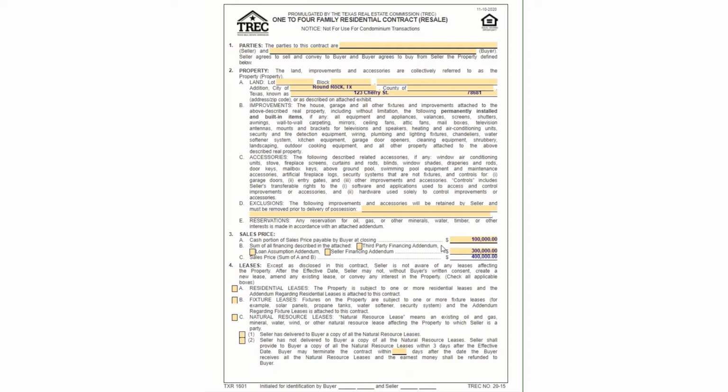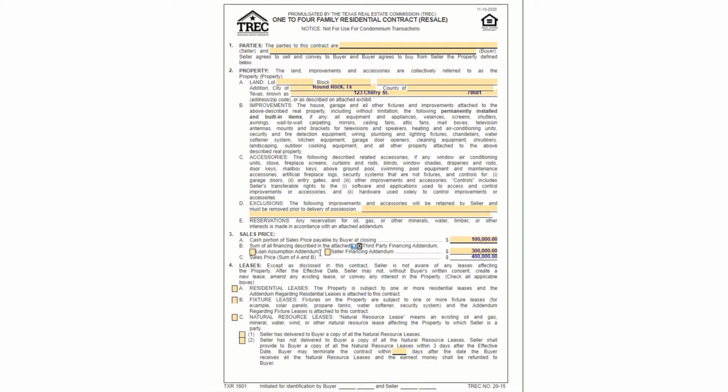Third-party means not one of the first 2 parties, the first 2 parties being the buyer and the seller. So this just means that a third party is going to be involved in providing the loan. And so in the case of the third-party financing, we're going to check that, and we're going to talk about that form today.